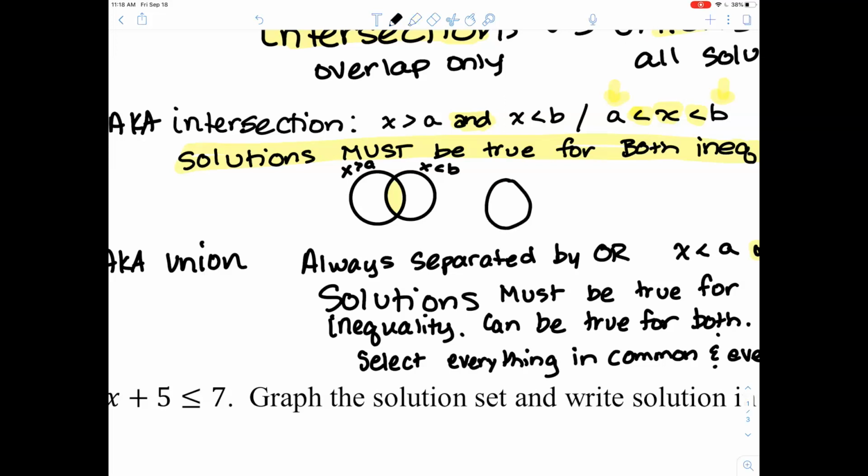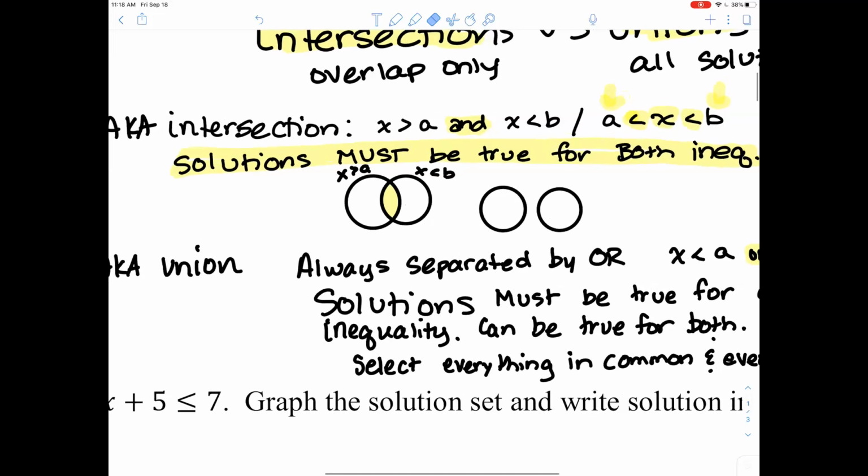If we get answers when we're solving a conjunction and our answers do not overlap at all, and the answer for this inequality doesn't have anything in common with the answer for that inequality, then there is no solution. So that's an option when you're solving a conjunction.